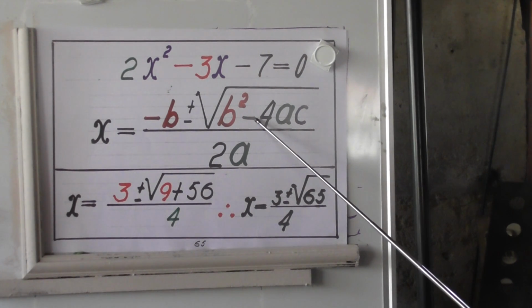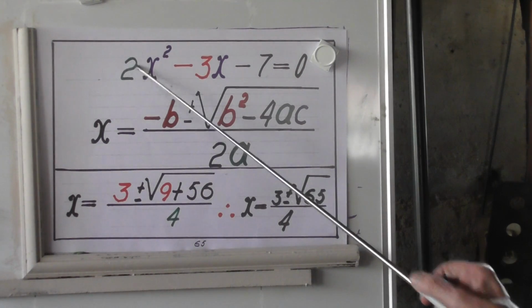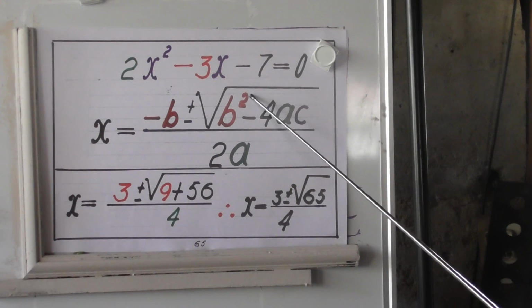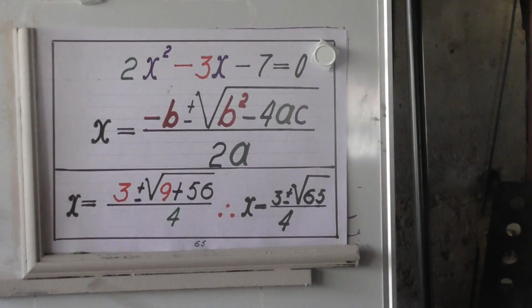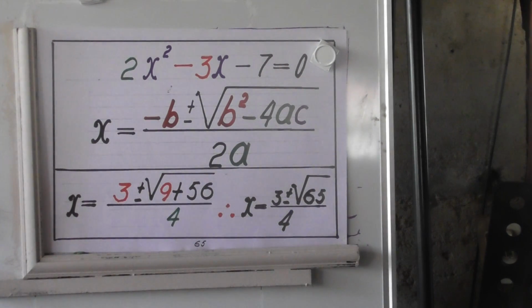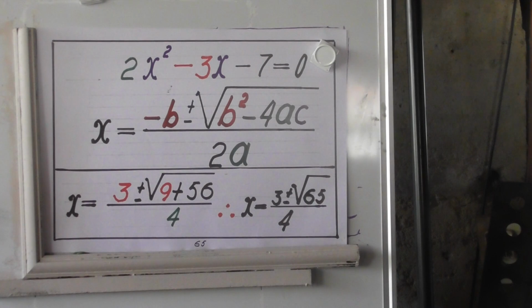So now your eye goes 2a, that's here. So now your eye goes 4a. Well, we haven't done the c yet, so we might as well put c in it as well.